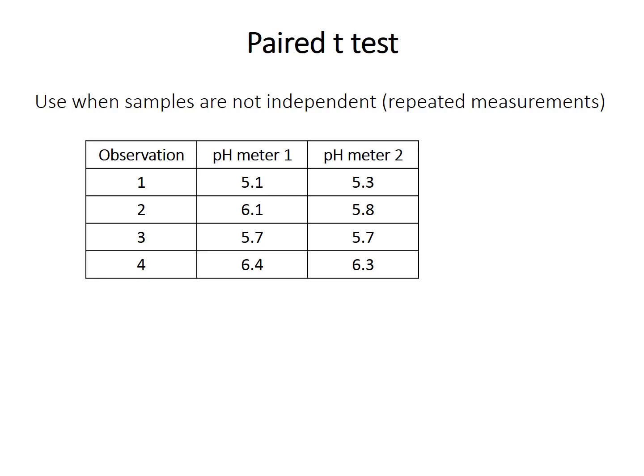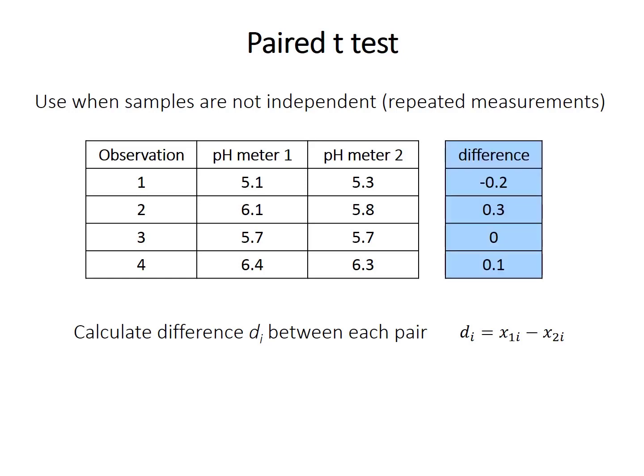Because the pairing of observations is important, the paired t-test calculates the difference between each pair of measurements. So the first measurement for observation 1 minus the second measurement for observation 1, and so forth. In this case, the difference would be minus 0.2 pH units for the first observation, plus 0.3 for the second, and so on.